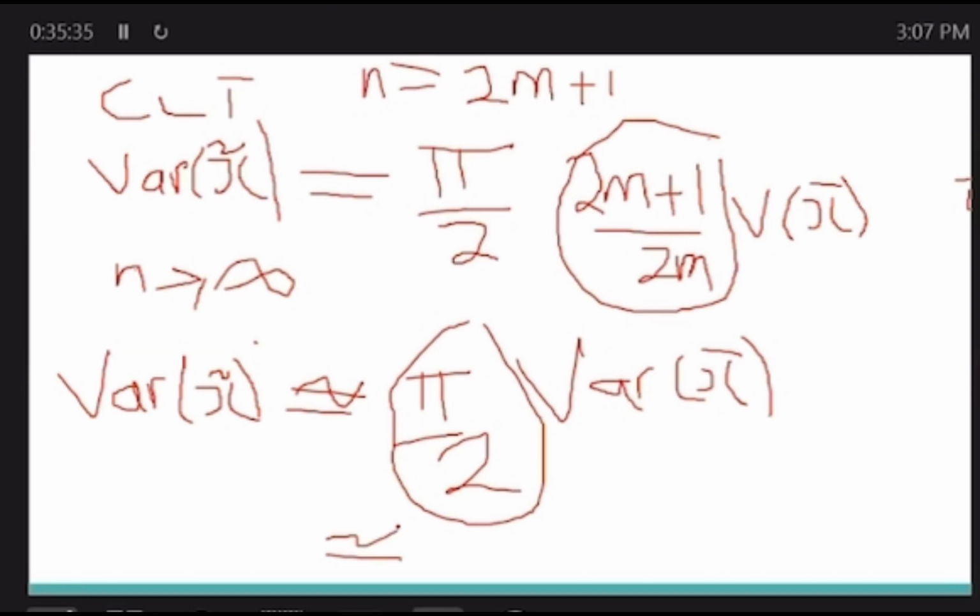Let me use my calculator: 22 divided by 7 divided by 2. It's going to be about 1.5, which means the variance of the median is about 1.5 times the variance of the sample mean. Which one is larger? The variance of the median is larger.